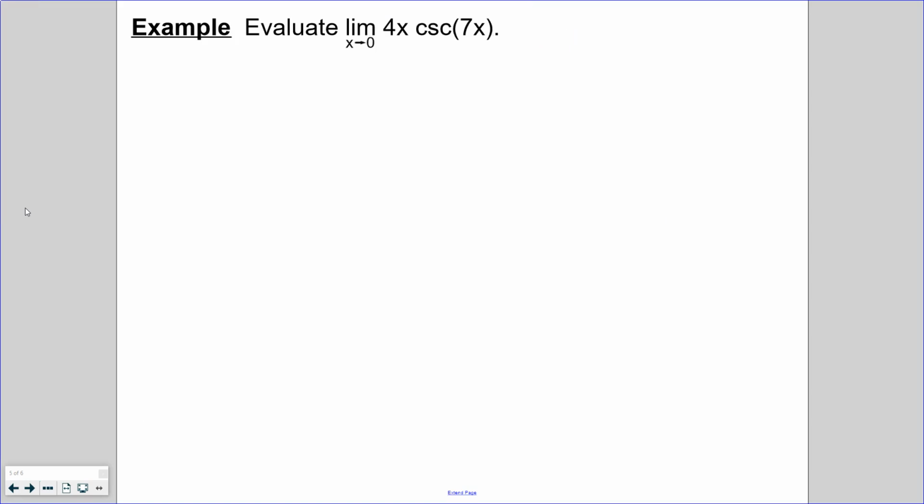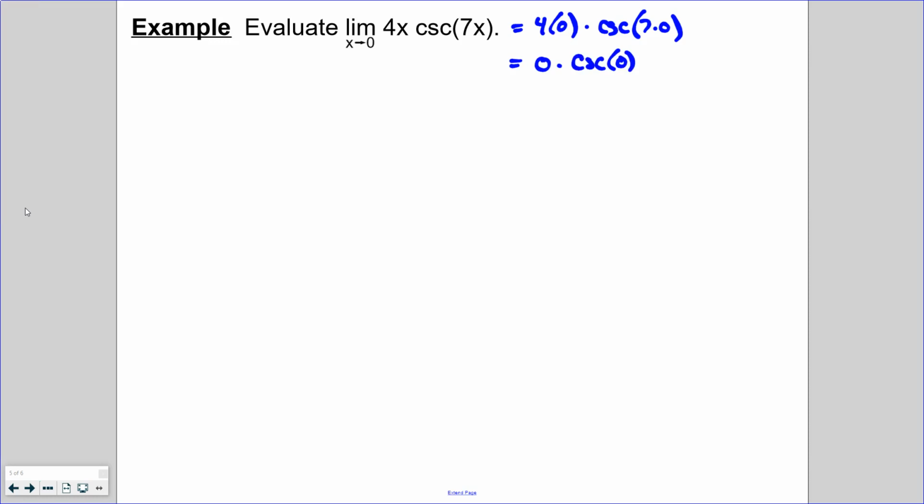Next up, we're going to take a look at evaluating the limit as x approaches 0 of 4x times cosecant of 7x. Now, again, we can always try direct substitution, and this is going to give us 4 times 0 times cosecant of 7 times 0, which simplifies to 0 times cosecant of 0.